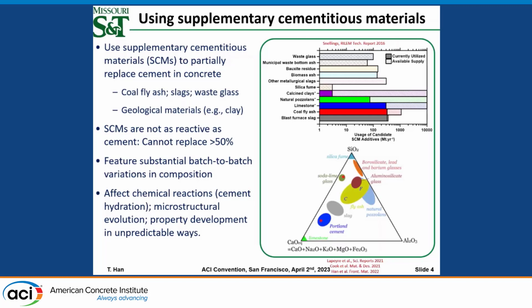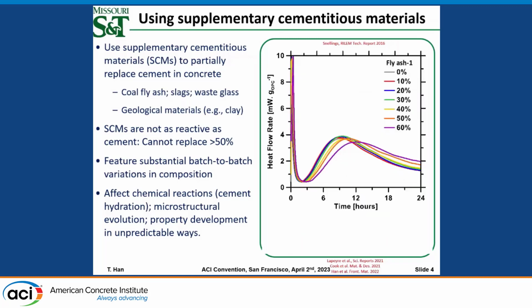For the SCMs, there are natural minerals like limestone and cores. Also, we can use industrial waste, something like fly ash and waste glass. But due to the different compositions, you can expect each SCM can affect the property of cement in different ways. Here are some examples.